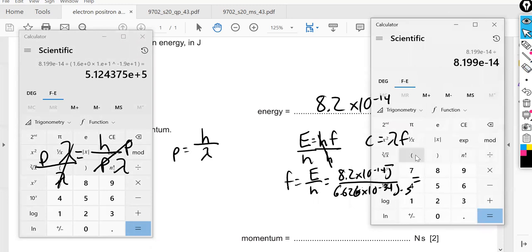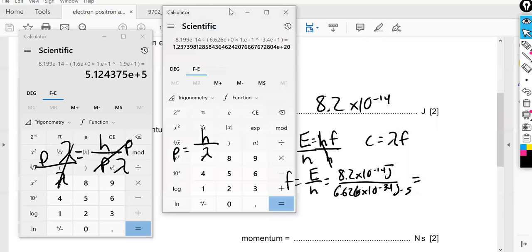I'll divide that by Planck's constant, 6.626 times 10 to the negative 34. And that gives a frequency of 1.23 by 10 to the 20. Hertz are the units of frequency. You can see that reciprocal seconds are the same thing as hertz. Little bonus physics knowledge for you there.